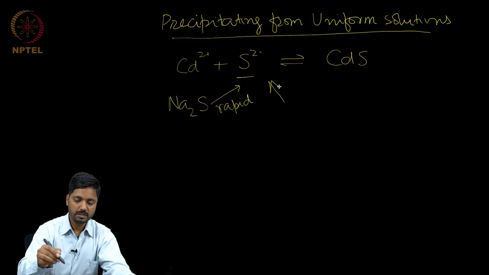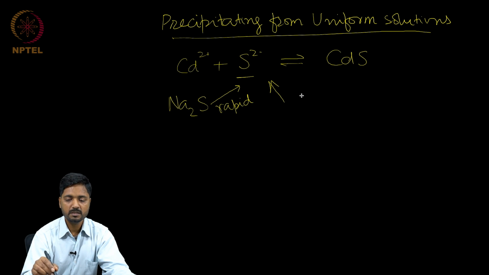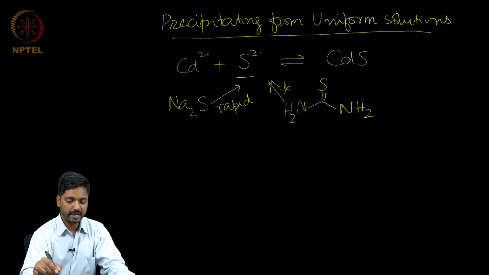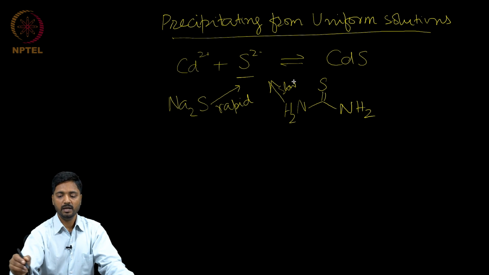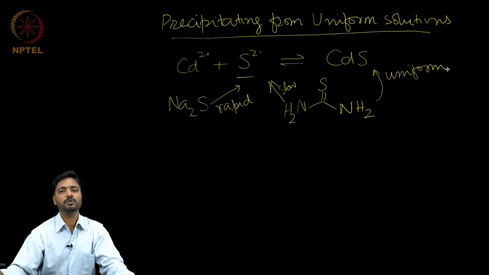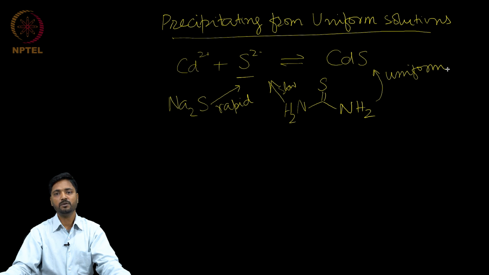However, what researchers found out is that using organic sulfur precursors such as thiourea will help us generate the sulphide ions in a slow manner and will hence give us access to uniform cadmium sulphide or metal sulphide nanoparticles.